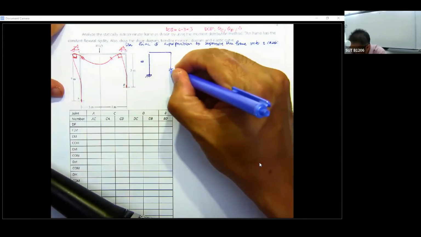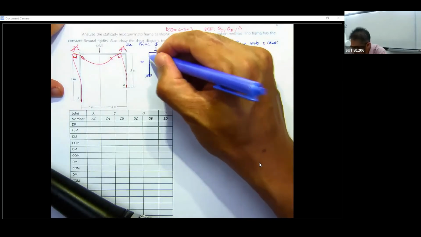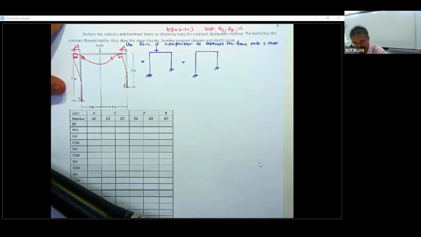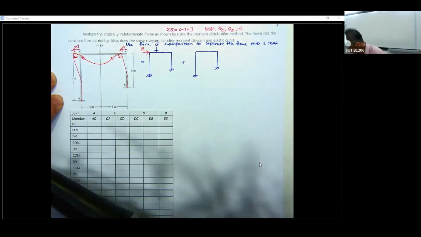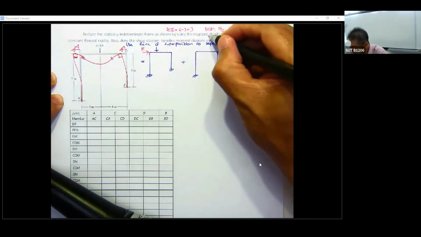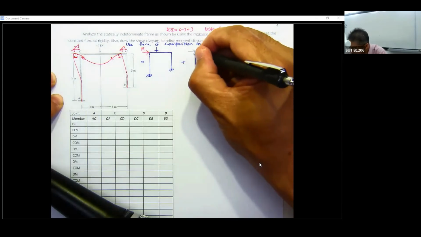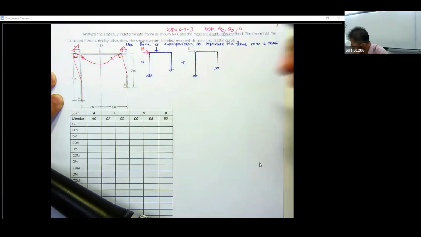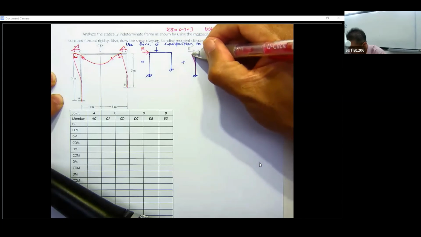The structure is again subjected to this force. We're going to prevent it from the sidesway. That means you put the force R over here, and then you can use the moment distribution method to analyze case one, and then you let the structure have the sidesway deformation.